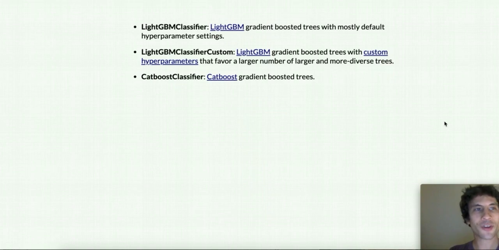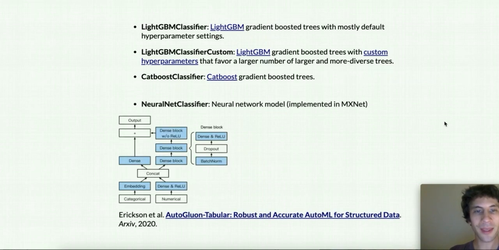And we also train another variant of gradient boosted trees implemented in the CatBoost library. Finally, the last model trained by AutoGluon is a custom neural network model implemented in MXNet. The basic architecture of this model looks like this. So we have categorical features and numerical features here after all the model-specific data preprocessing has completed. For more details about the neural network, please check out the AutoGluon tabular paper here.